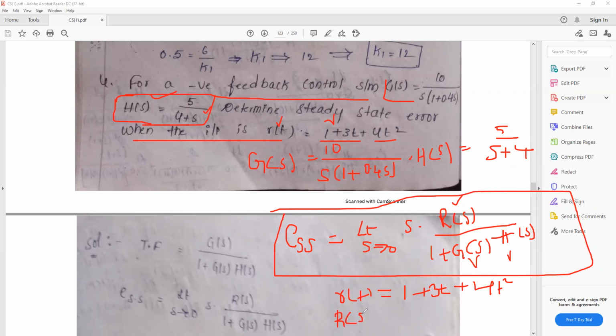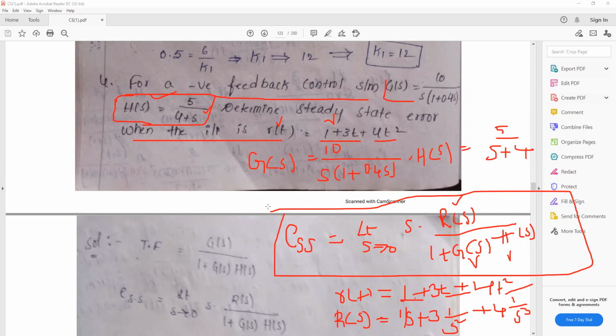R(s) is equal to the Laplace transform of 1, which is 1 by s, plus the Laplace transform of t, which is 1 by s squared, and the Laplace transform of t squared is 1 by s power 3.